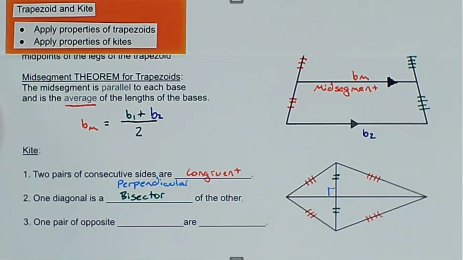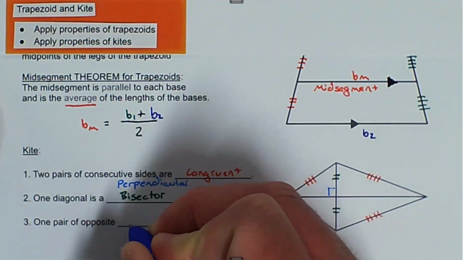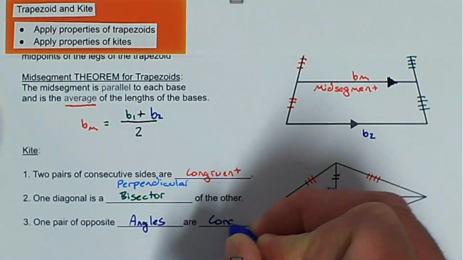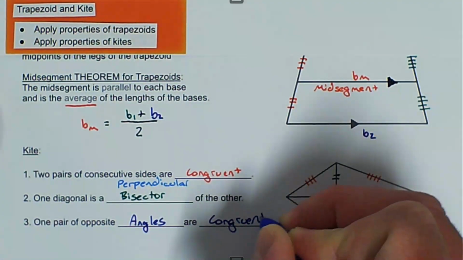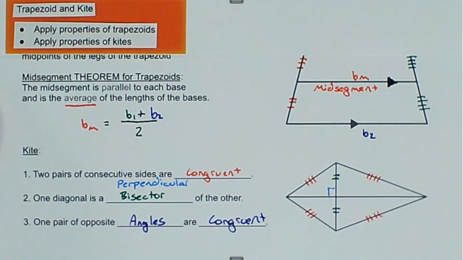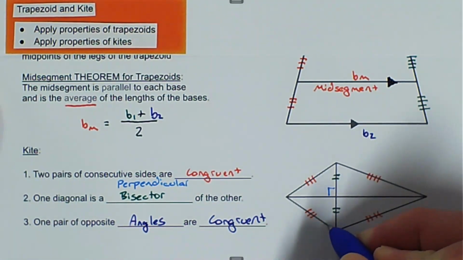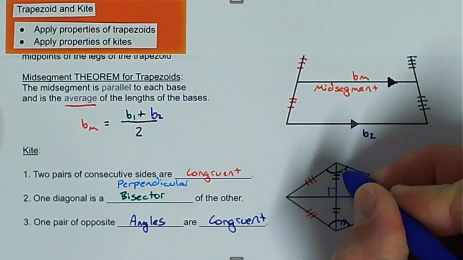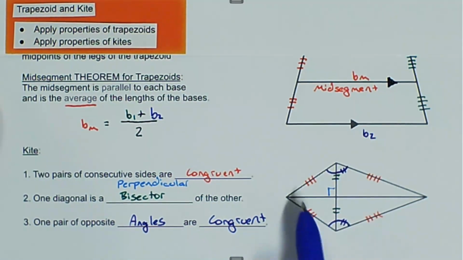And a kite has one pair of opposite angles that are congruent. Those congruent angles are right here, and we can also see that these other 2 angles are not congruent.